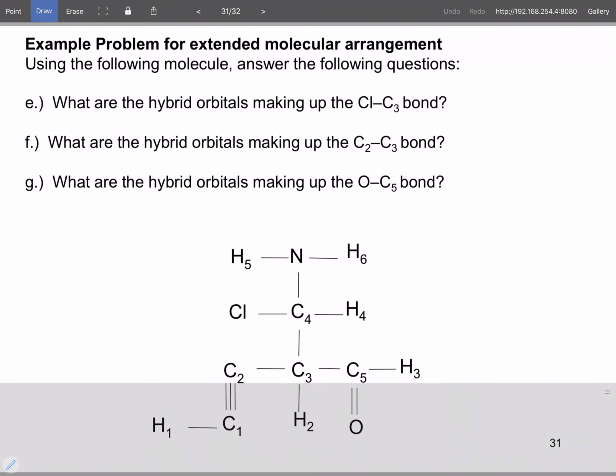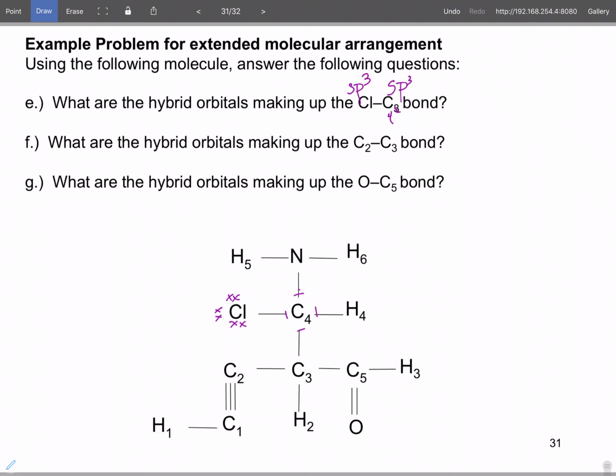But one of the things that you need to consider is not only the hybridization of the central atom, but when you go to make up the bonds, you have to actually look at the hybrids of both. So chlorine, remember, will have 3 lone pairs. So the chlorine itself has 4 electron regions, so it's going to be sp3 bonded. Whereas the C3, that should have been a C4 because it's not connected to C3. When you look at the C4, it actually has 4 electron regions as well, so it happens to be sp3 as well.